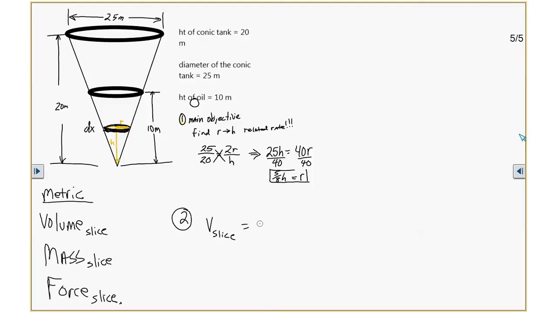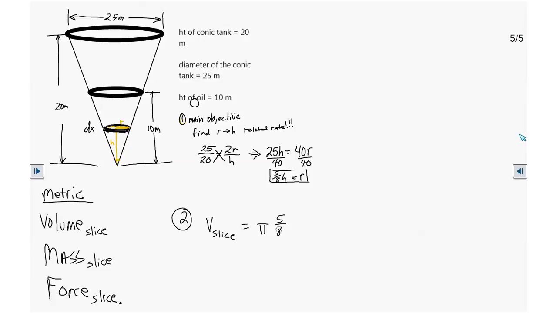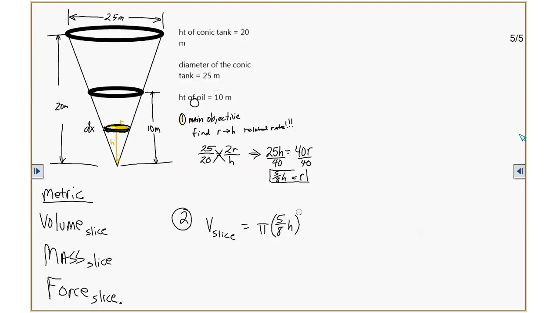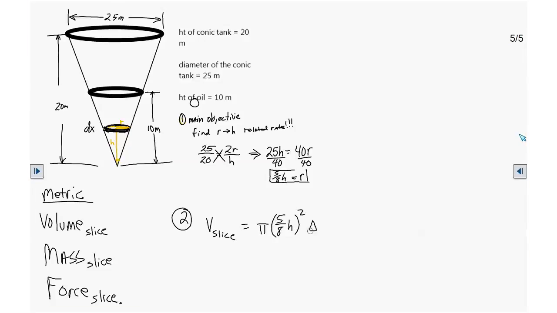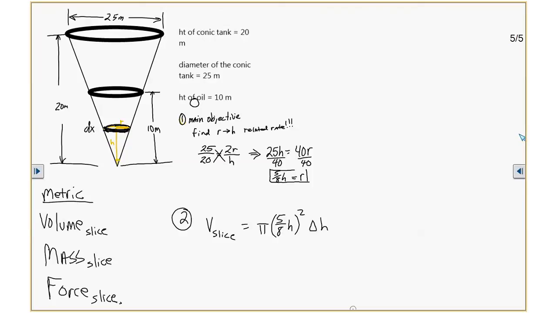So the volume of the slice is going to be equal to pi times 5/8 H, quantity squared, delta H, which is going to become DH. It's supposed to be an H in there too, right?